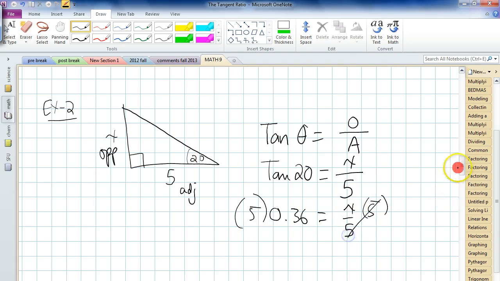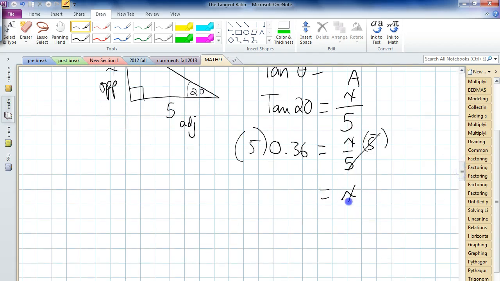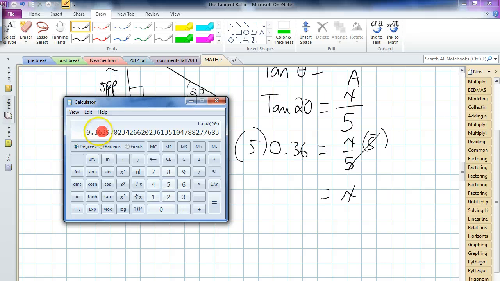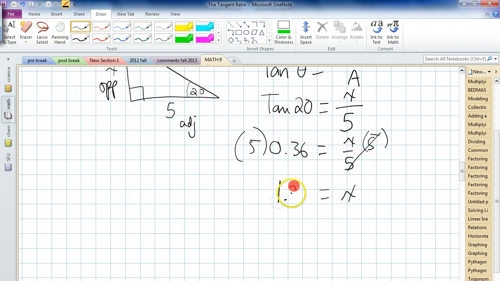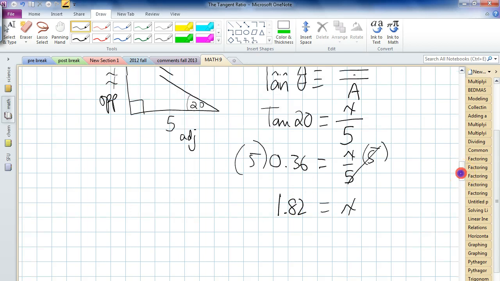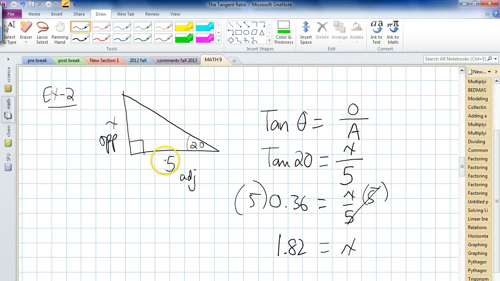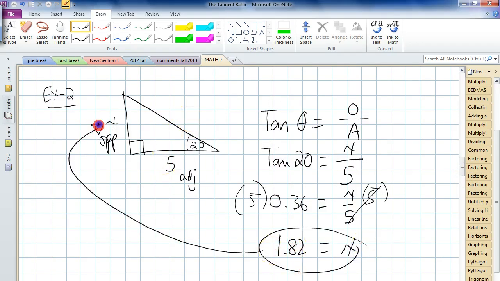That gets rid of the 5's, and we're left with 5 times 0.36, which is 1.82. We go to 2 decimal places, 1.82. I didn't have any units in this question, so we can just leave it like that. So this length there is 1.82. Done.